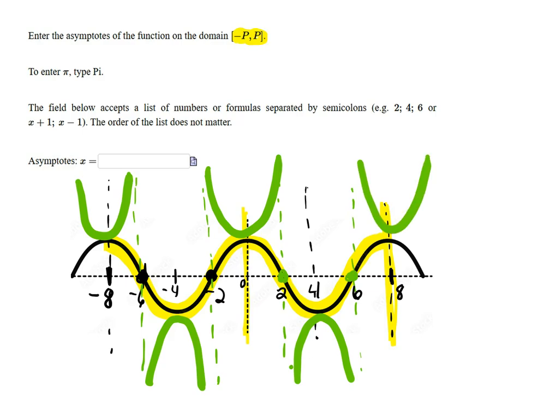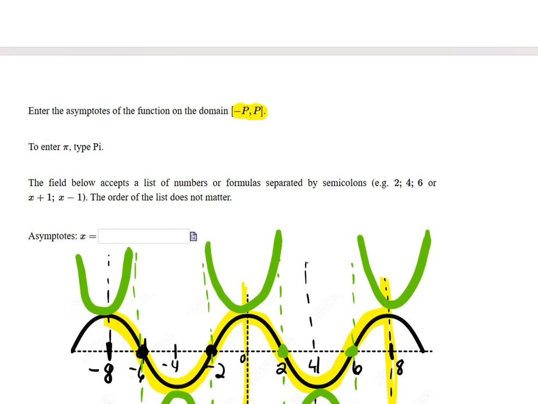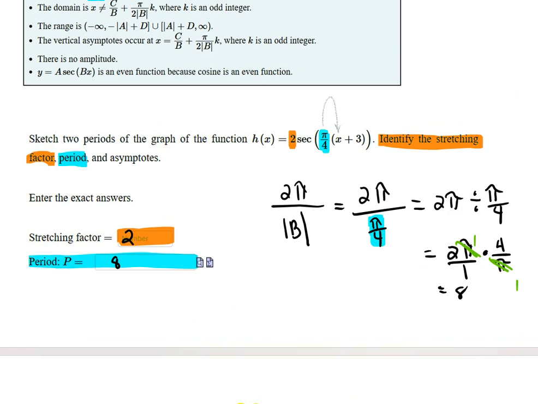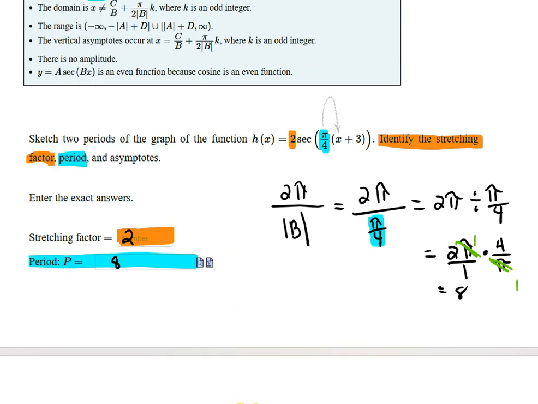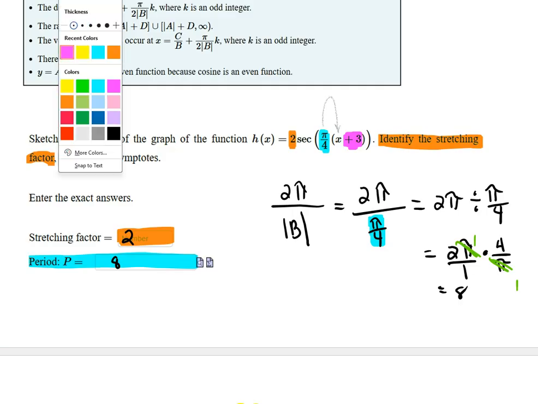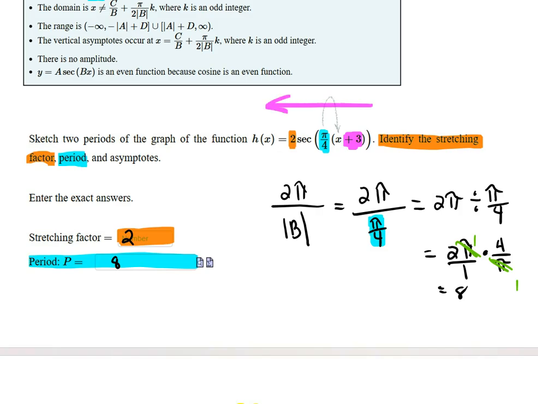Now, these are not my answers though, because my original function did some shifting. Let's go with the bright pink. You've got this +3 here, which really means that it's going to shift to the left 3 units.